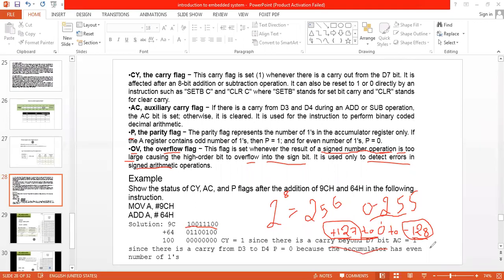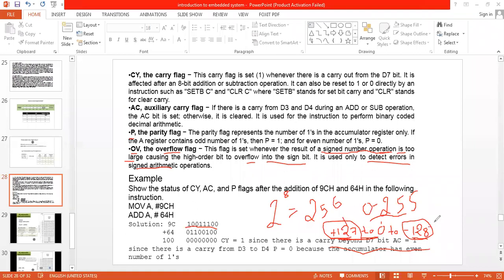These are signed numbers. Whenever a positive number and a positive number are added, the result may cross 127, because the maximum range is 127. If the result is crossing 127, then the overflow flag is going to be equal to 1.